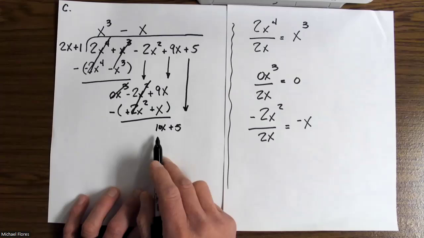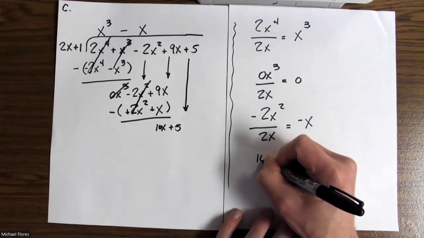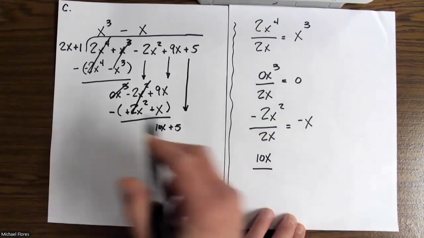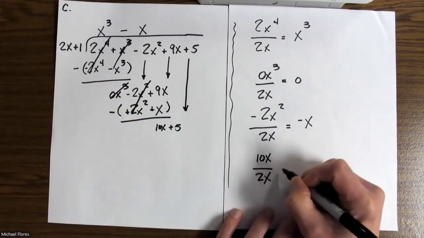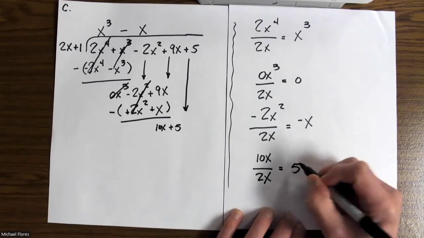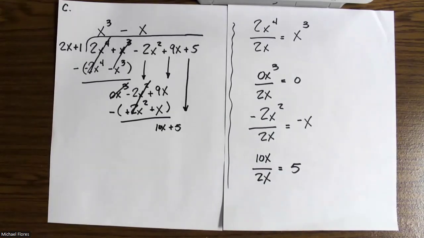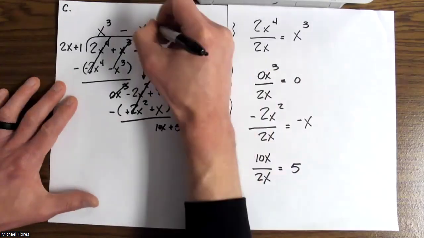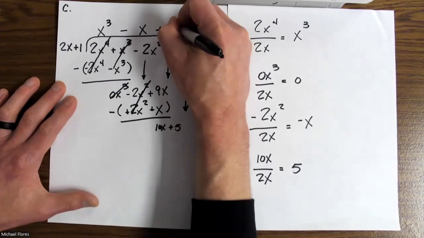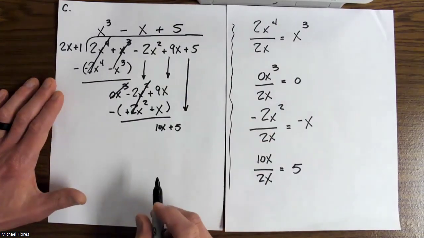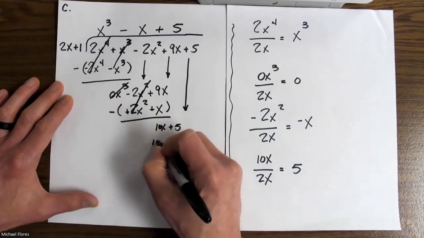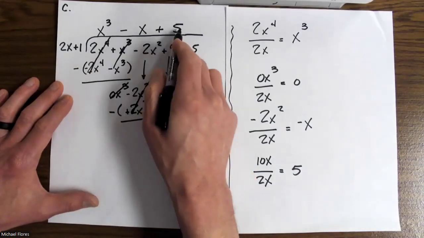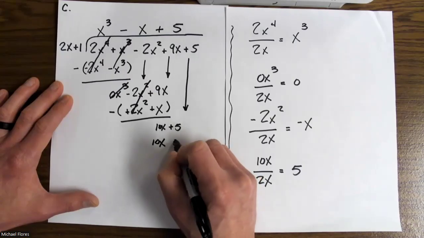We're now going to take the first term here, which is 10x, and divide that by the first term here, which is going to give us a result of 5. And now let's multiply 5 times 2x, 5 times 1.